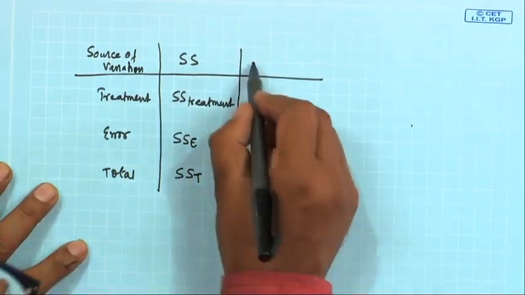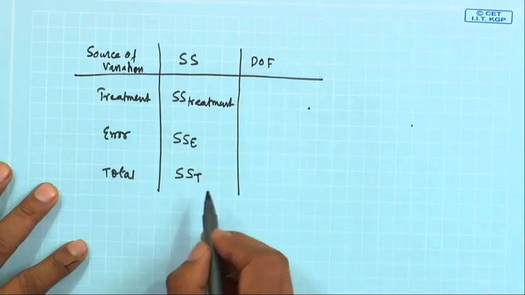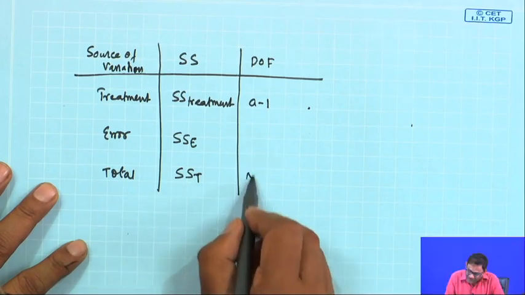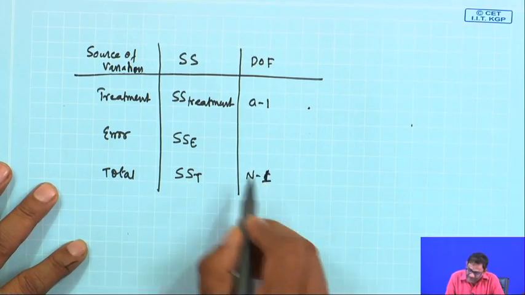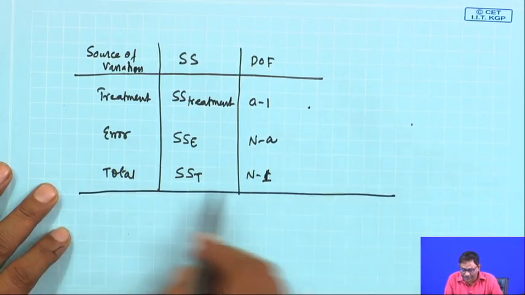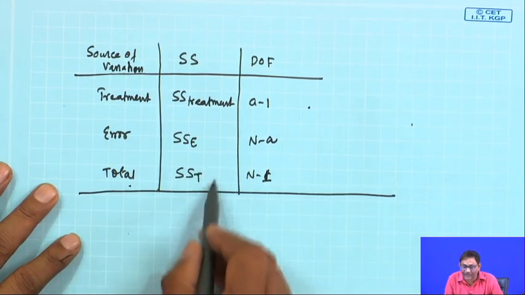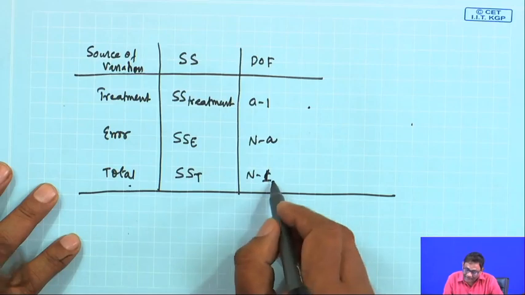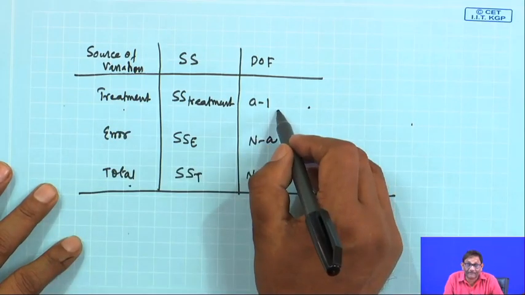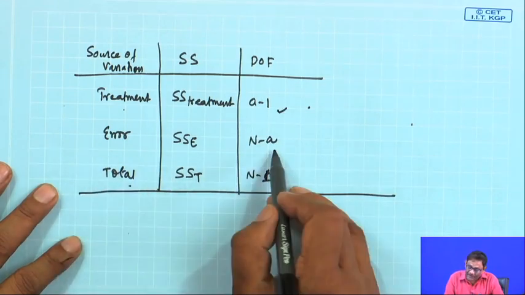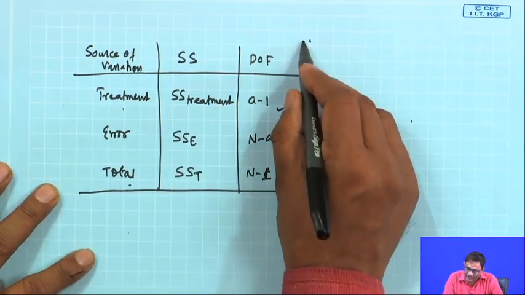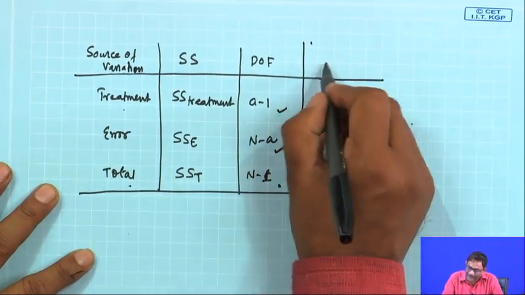Now, what is the degrees of freedom? Degrees of freedom for treatment is a minus 1, for total it is equal to n minus 1. So, this will become n minus a. So, while calculating SST, degrees of freedom is n minus 1, while calculating treatment, degrees of freedom is a minus 1, then the remaining capital N minus a degrees of freedom is for SSE. Then what is mean square?